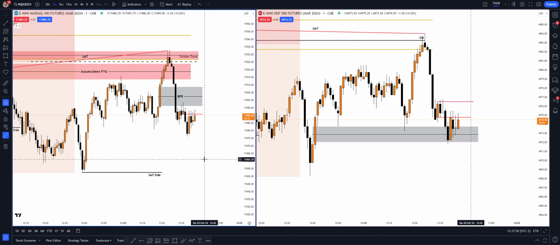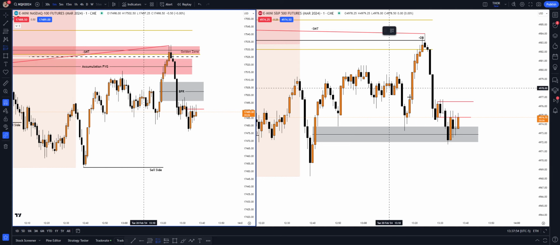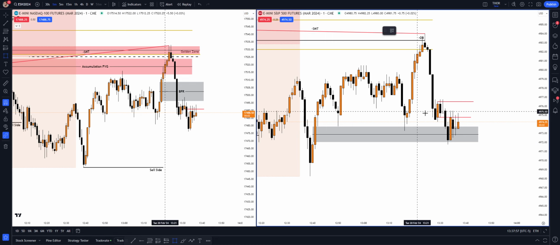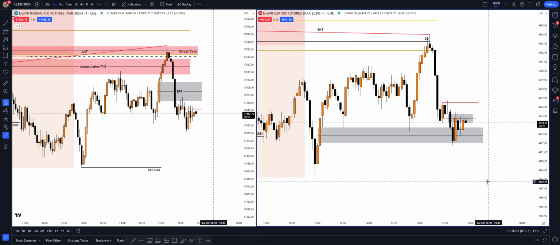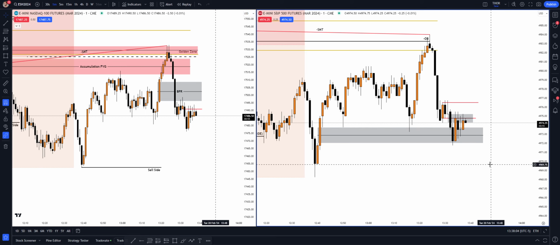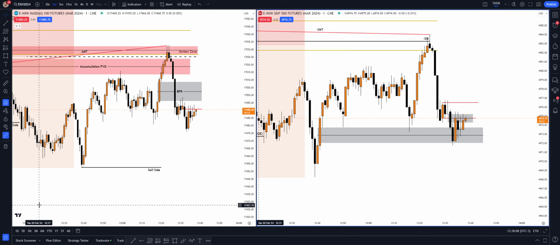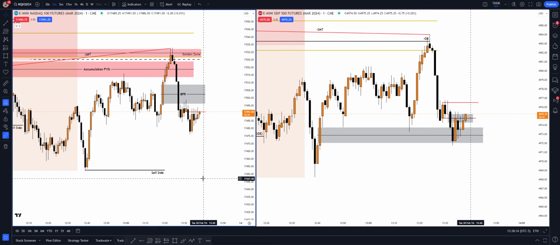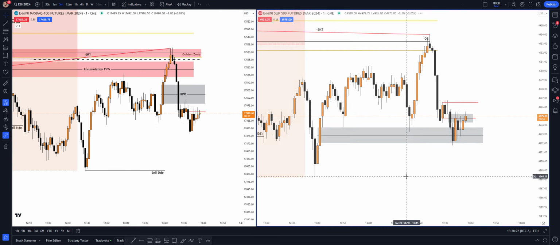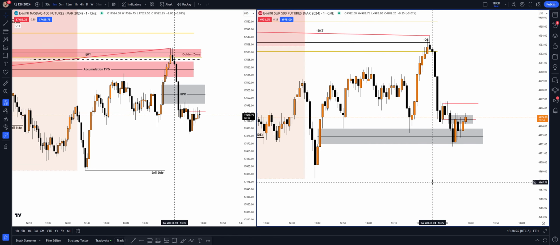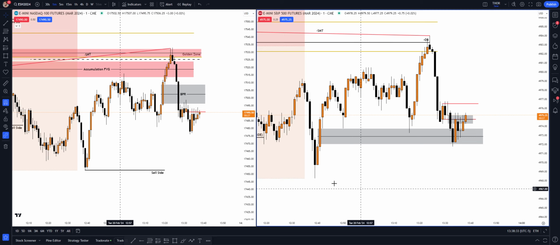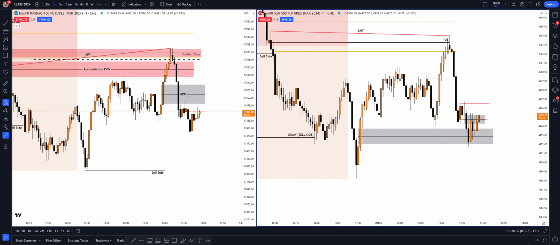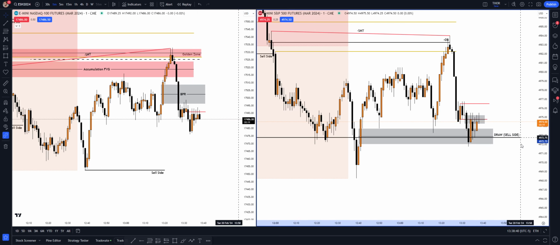Same deal here, order block. It's basically a now or never kind of situation. Let me check if it's reacting to this level.